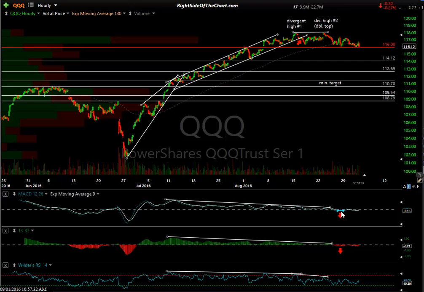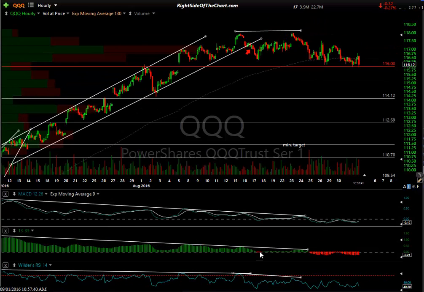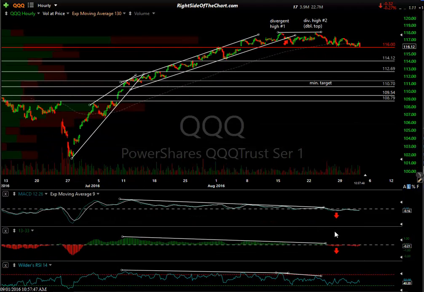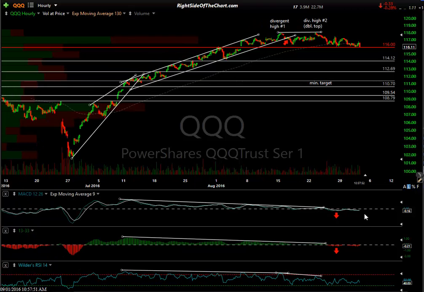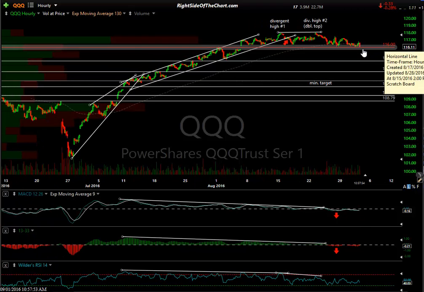I use these in conjunction. I always state that. The signal line, the 9 EMA, and the 13/33 histogram crossing below zero, and we haven't had both. We had a little blip right there, but the MACD signal line failed to confirm. So this is it. You can see my sell signals right here, and that's on the trend indicators, but price hasn't confirmed.